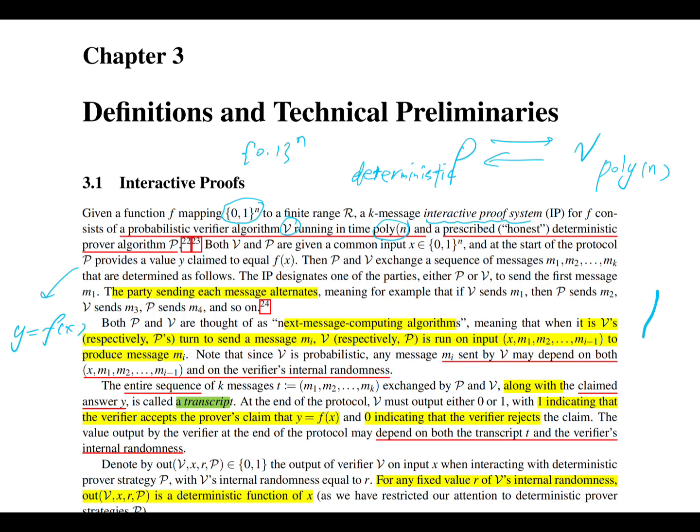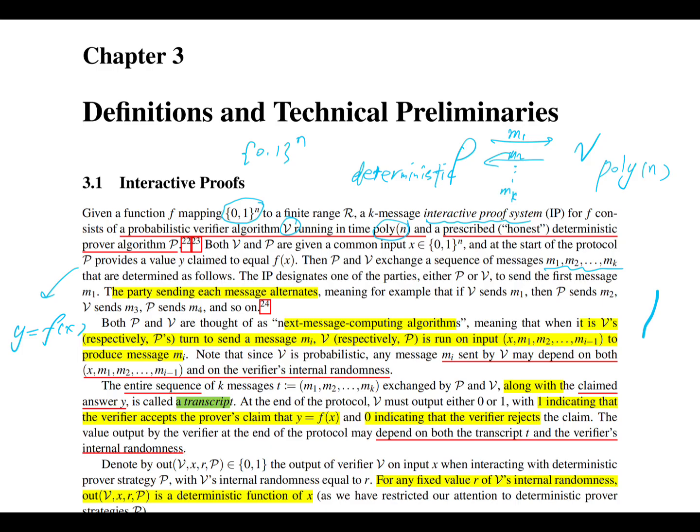Then P and V exchange a sequence of messages, M1, M2 to Mk, determined as follows. The IP interactive protocol designates one of the parties, either P or V, to send the first message M1. Then M2 to Mk.